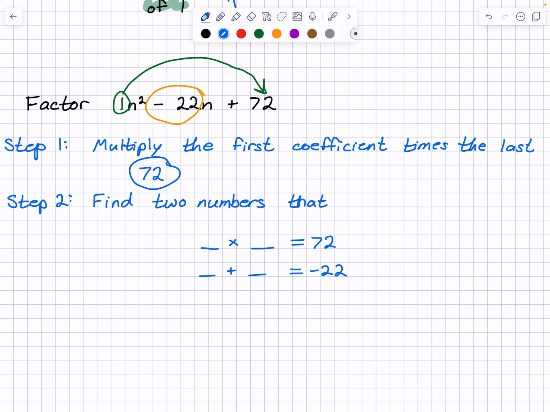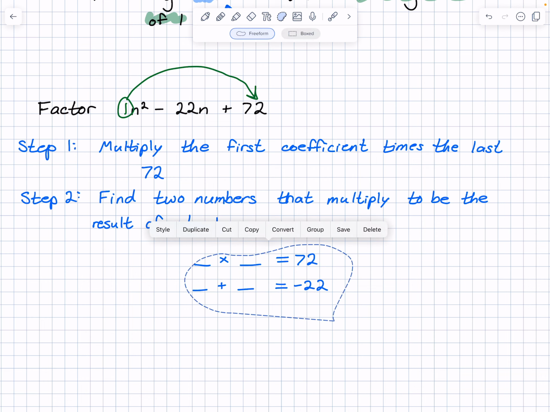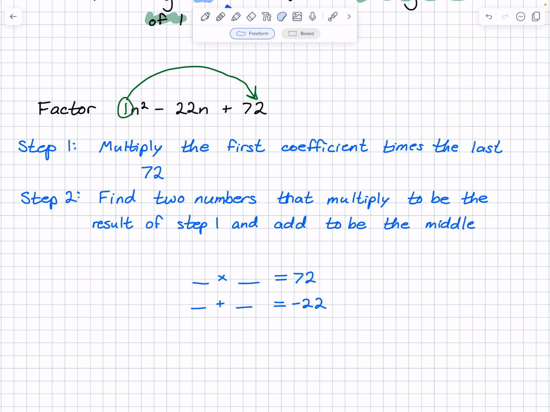Let me write that all out. They have to multiply to be the result of step 1, and they add to be the middle coefficient.